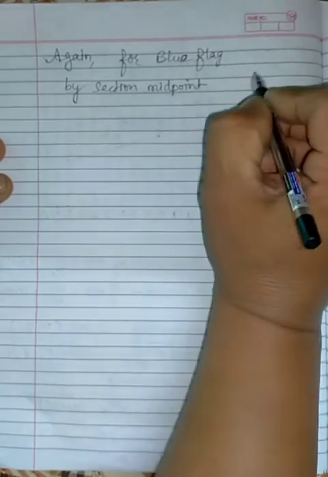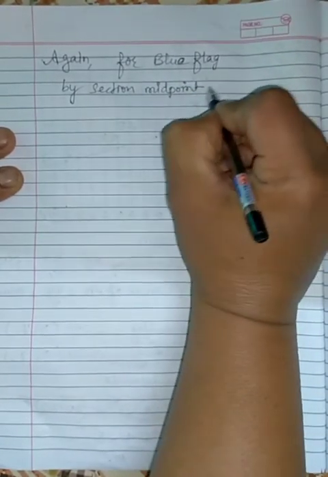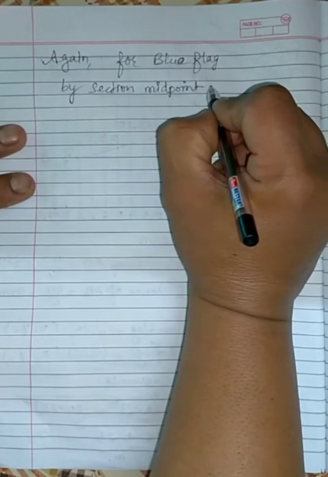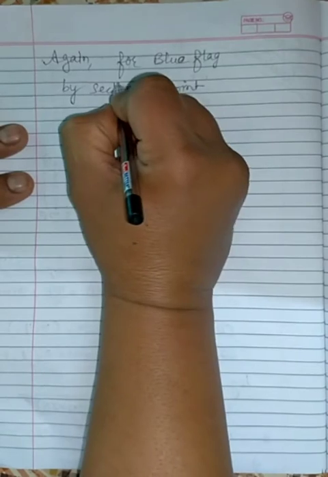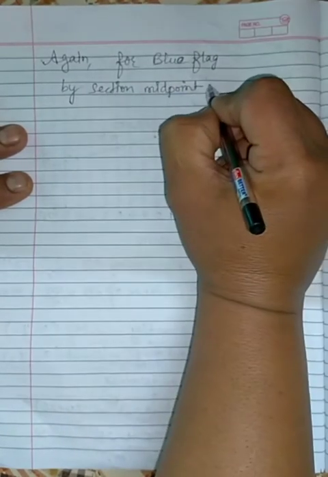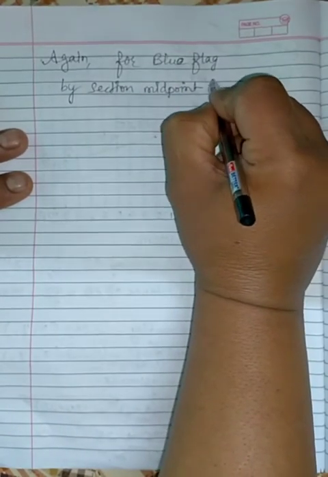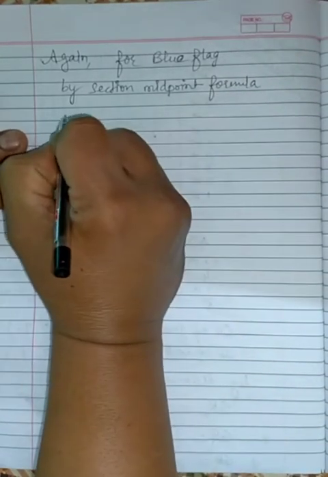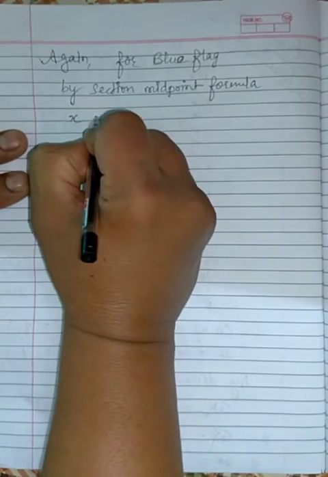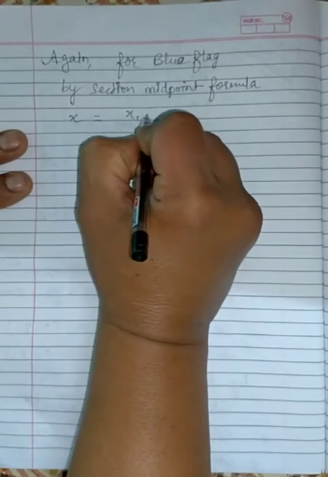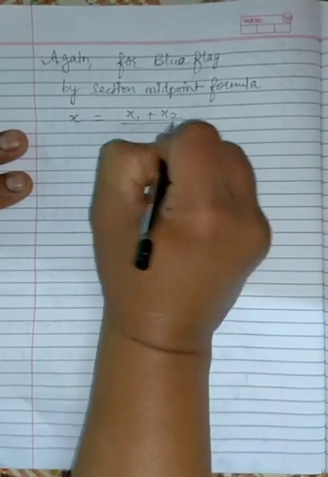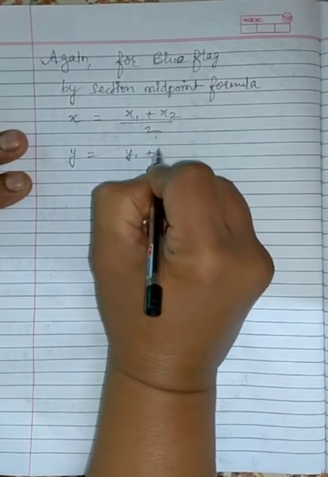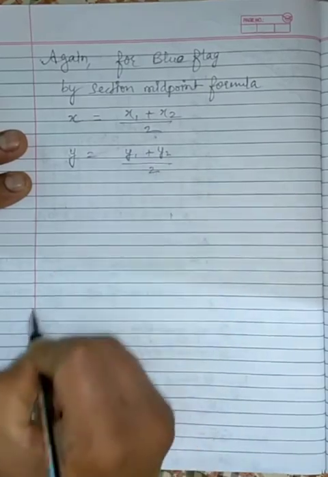This formula we use when we have equal ratios, because if the point making such sections is exactly in the center, then the ratio will be equal. So in this case we use the section midpoint formula, which is, for coordinate x, equal to x1 plus x2 upon 2, and y is equal to y1 plus y2 upon 2.